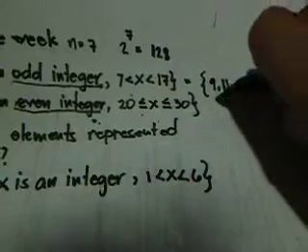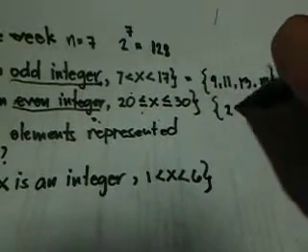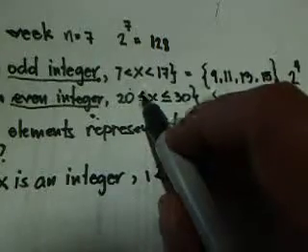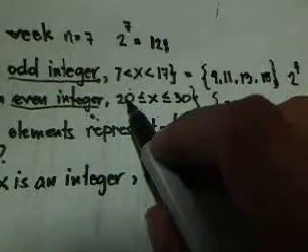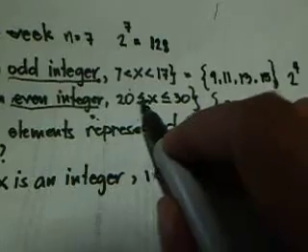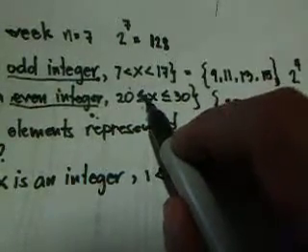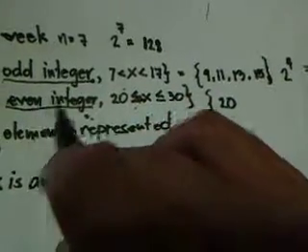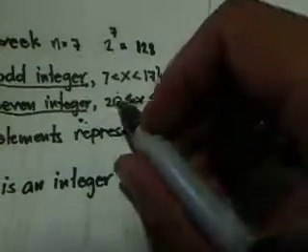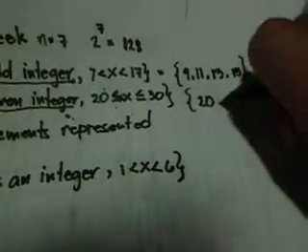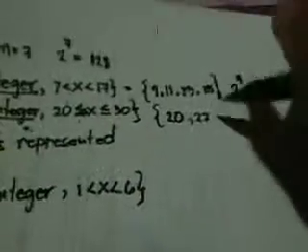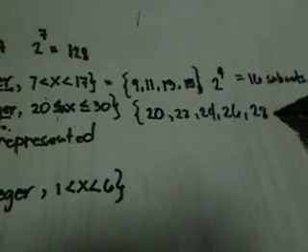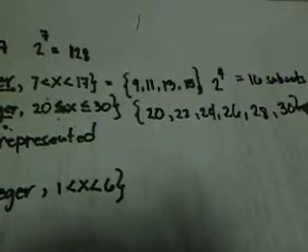Yes, we start with 20, because x here is equal to or greater than 20. Since the relationship is less than or equal to, we start with the first even integer within 20 to 30. That is 20, 22, 24, 26, 28, and then 30.